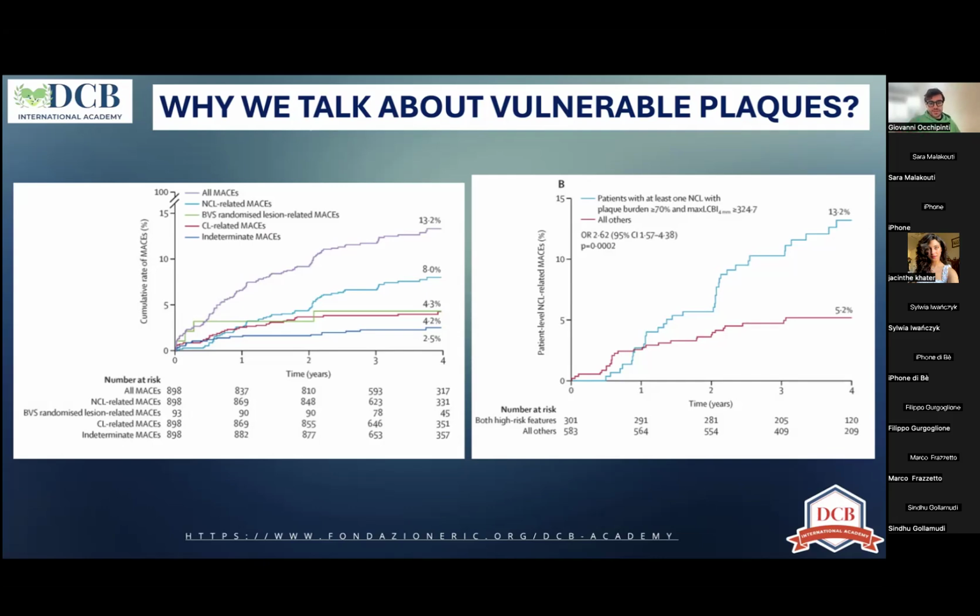As you see in these Kaplan-Meier curves, for the patients with a non-calcified lesion, the rate of MACE is quite high.